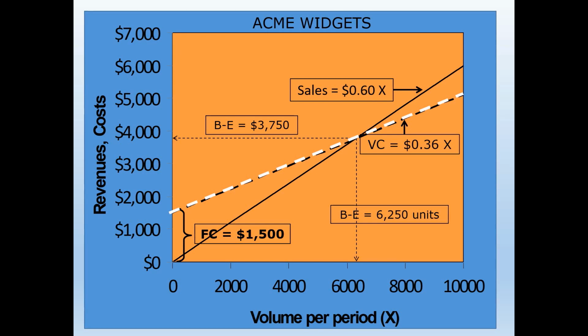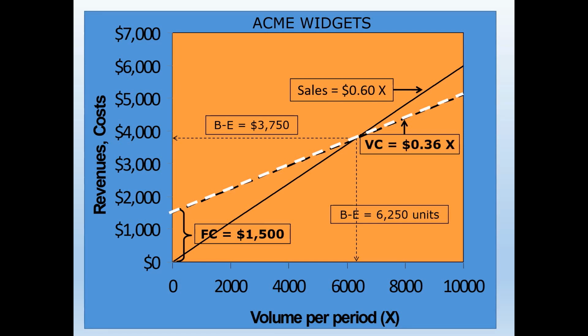This firm has $1,500 of fixed cost. So that means that even if the firm doesn't sell any units, at least in the short run, it will still have those costs.